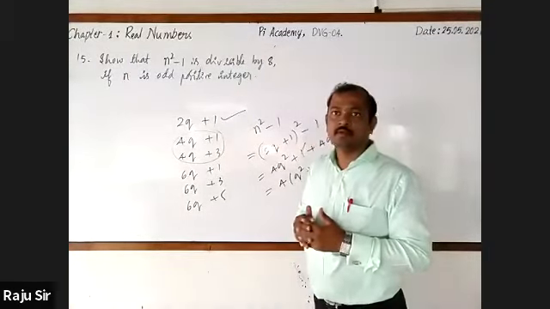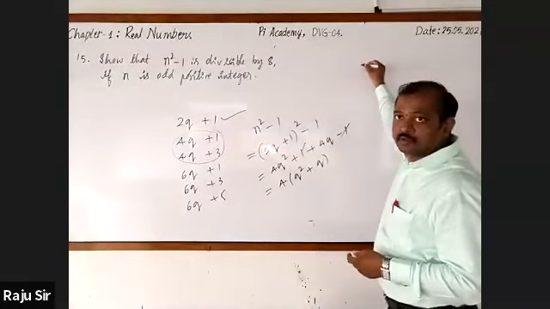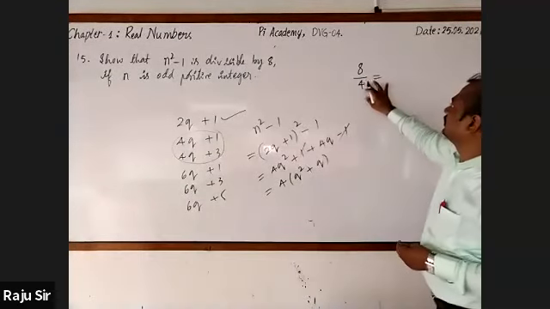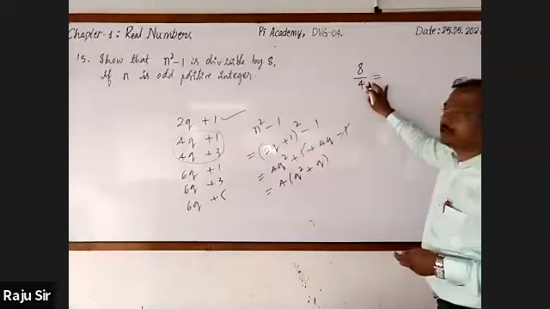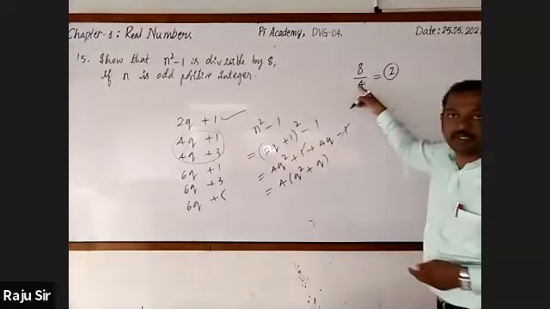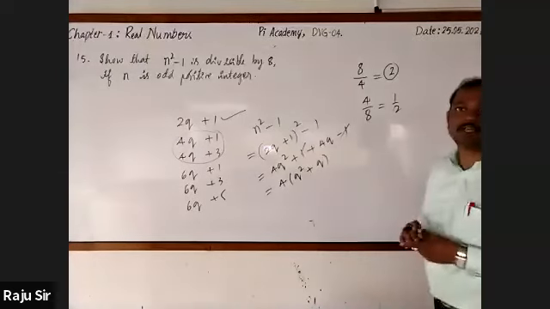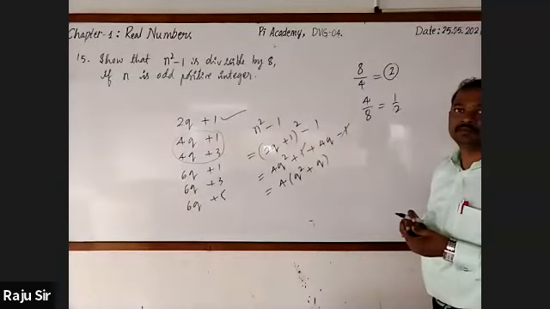Clear? Yes, sir. See, if 8 by 4 is there, we say that 8 is completely divisible by 4. If 4 by 8 is there, we write it as 1 by 2.